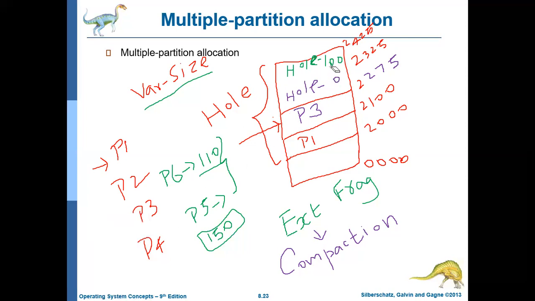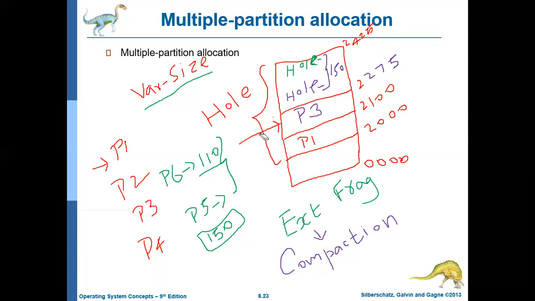Now there is only one hole of size 150 MB. This process done by the operating system is called compaction.